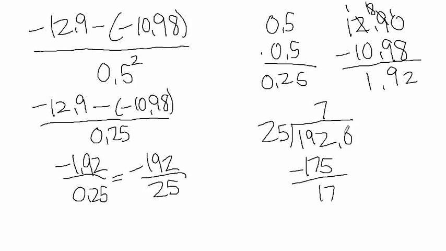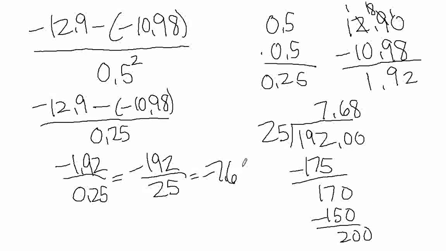Okay, so now drop a 0, and it goes into 170 6 times. So 6 times 25 is 150. 25 goes into 208 8 times, so 7.68. Make that a negative, so the answer is minus 7.68.